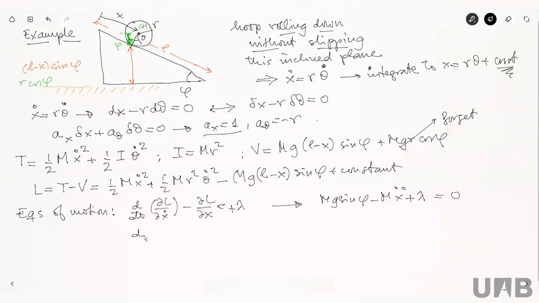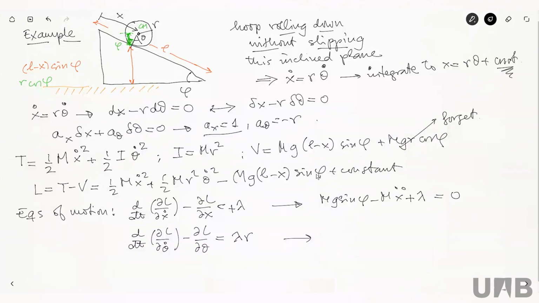Second equation of motion is d/dt of partial L with respect to theta dot, minus partial L with respect to theta, equals 0 without the constraint, but now with the constraint, this is going to be lambda r.